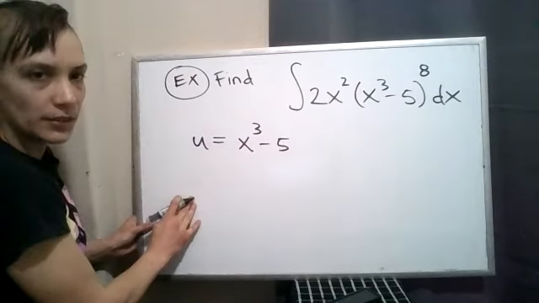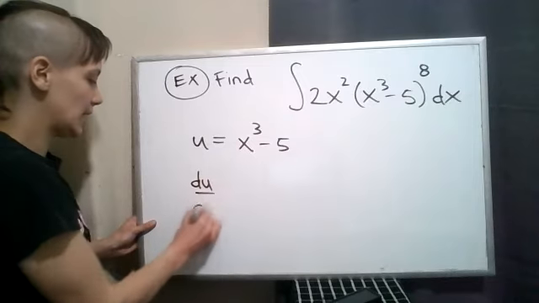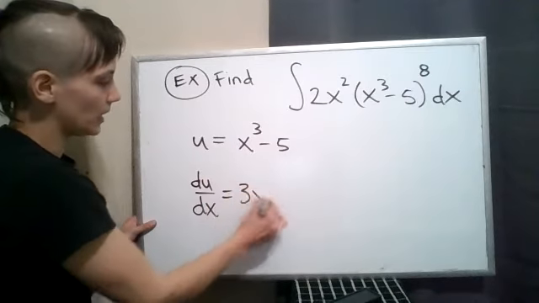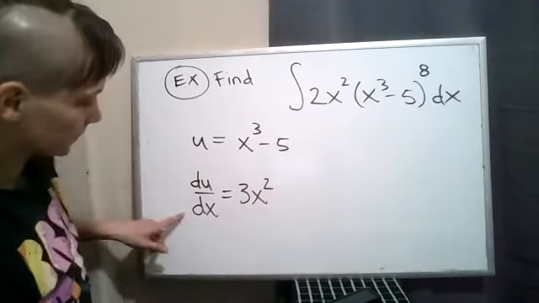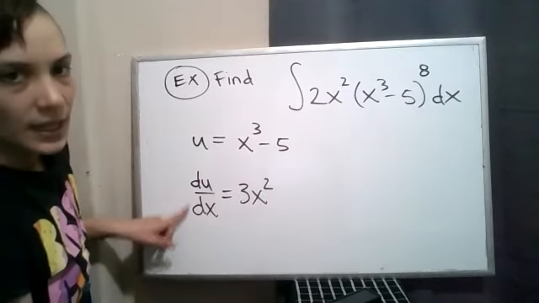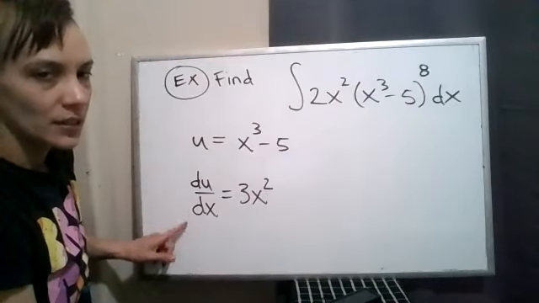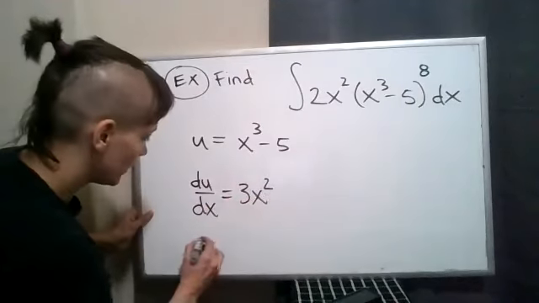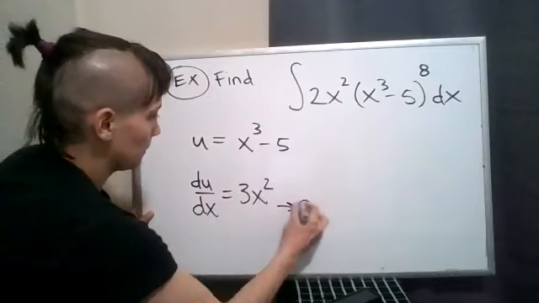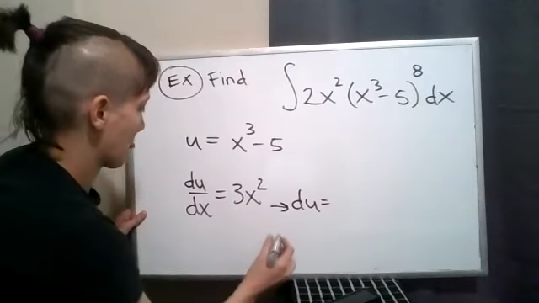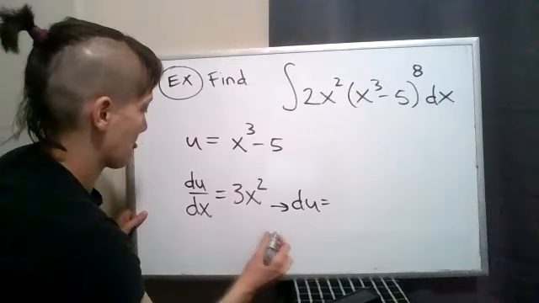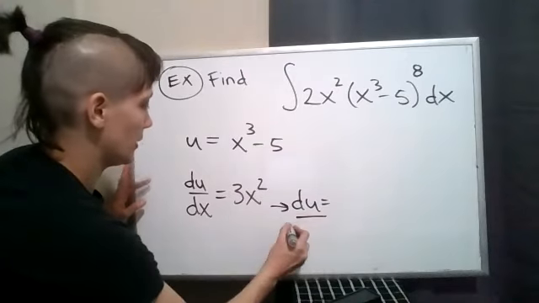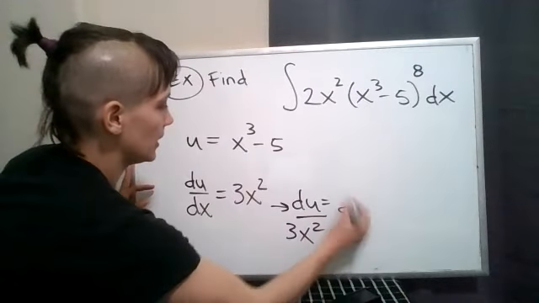Then my derivative, du dx, would be 3x squared. I like to solve for dx, so I'm going to multiply both sides by dx, divide both sides by 3x squared. du over 3x squared is dx.